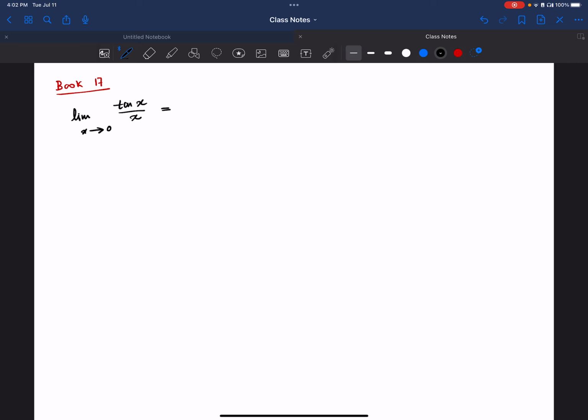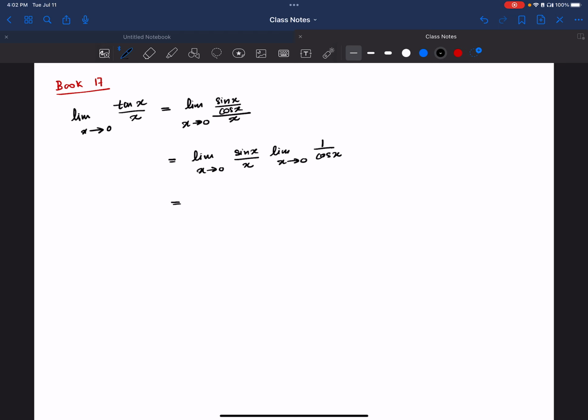So what I would do is take limit as x goes to 0 of sine x over cosine x over x, right? So I can write this as limit as x goes to 0 of sine x over x times limit as x goes to 0 of 1 over cosine x.